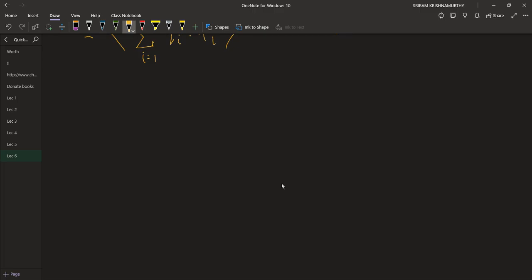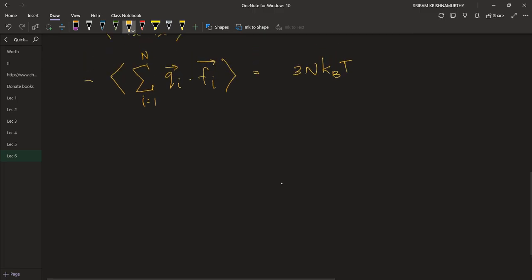So this is the force of the system. This force has two components: an internal component, and an external component.